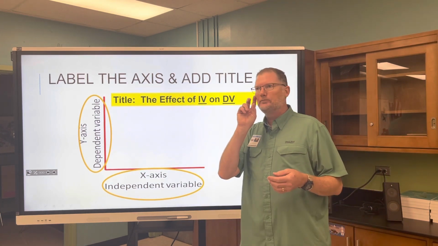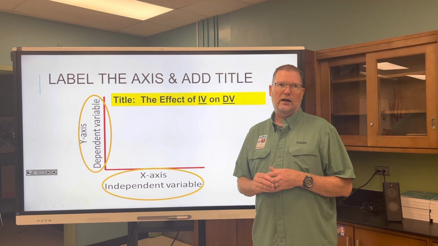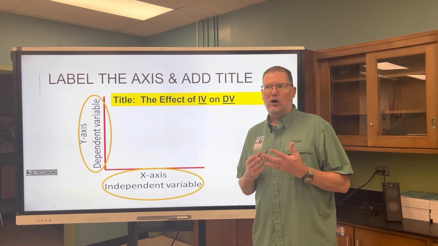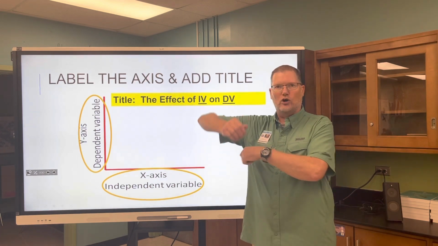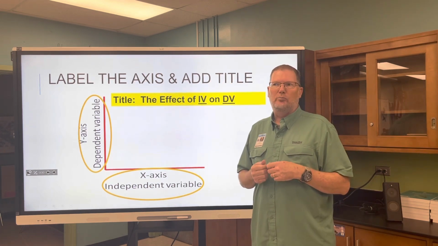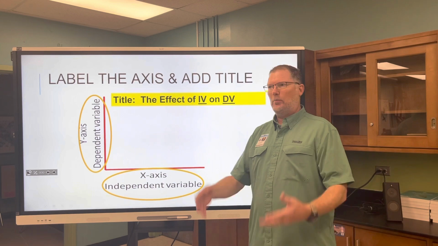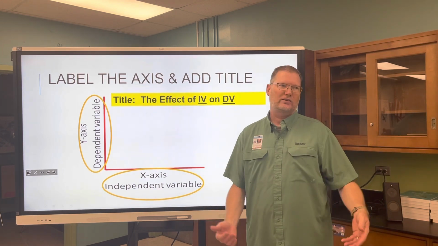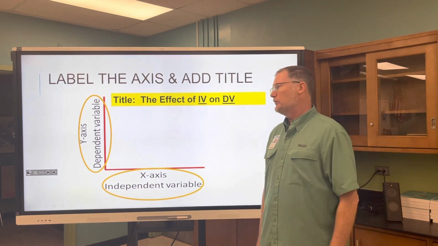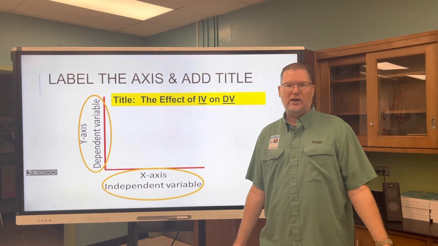You're going to say the effect of music on plant growth. You see? The effect of deodorant on ability to attract the opposite sex. I don't know, okay? Which, going back to the deodorant example from earlier. So that's how you would title your graph.